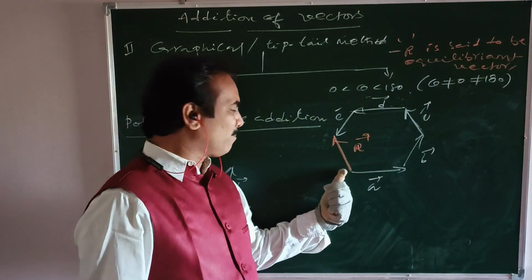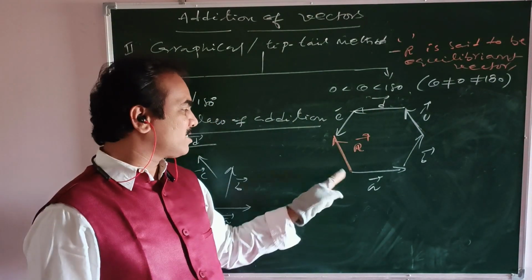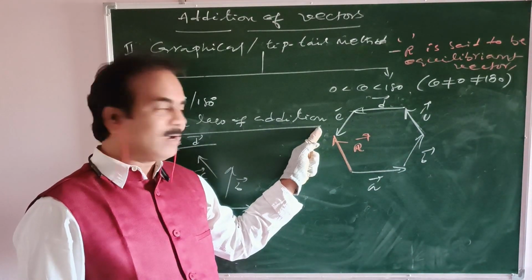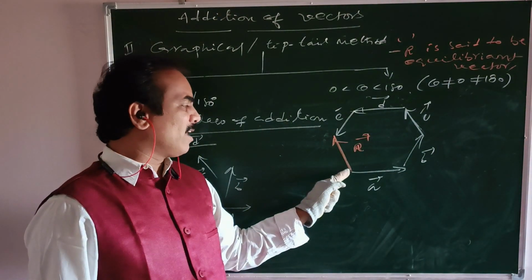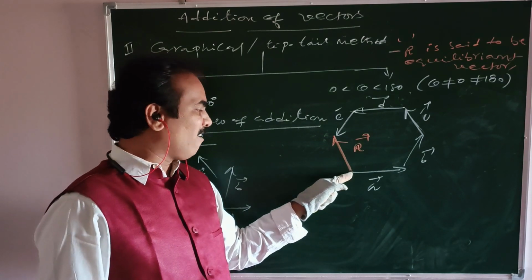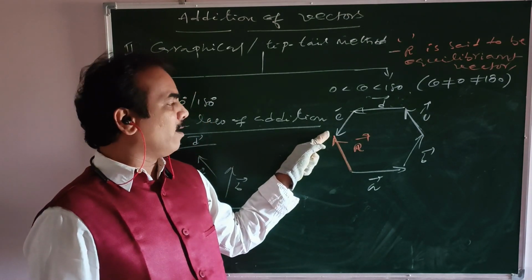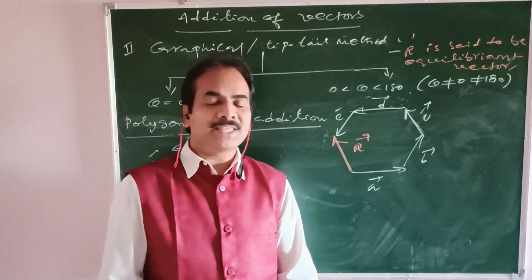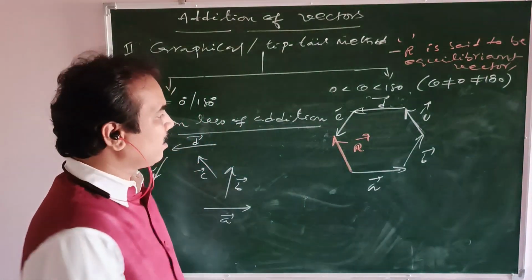See, given vectors are taken as the adjacent sides of the polygon in the same order. Now the closing side of the polygon taken in the reverse order, that is tail to head, from the tail of A bar to the head of E bar, then that becomes the resultant of all the coplanar vectors both in magnitude and direction, right?